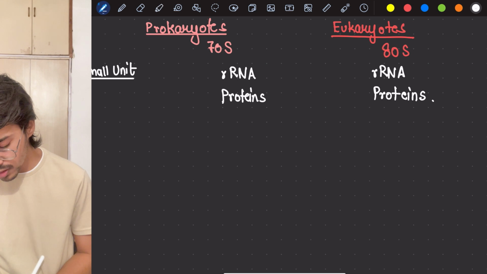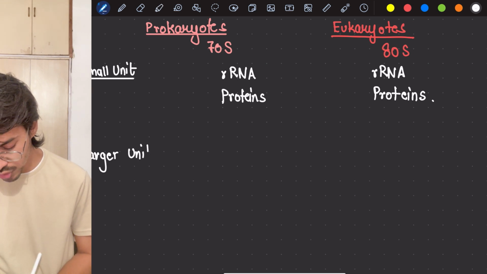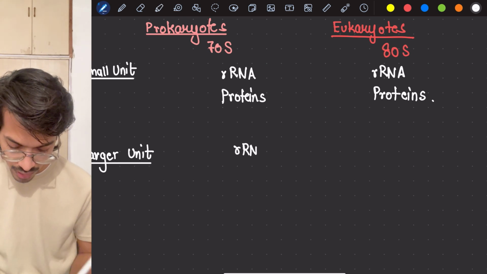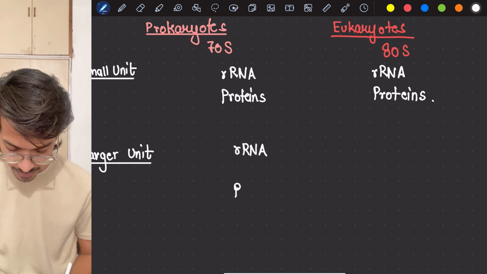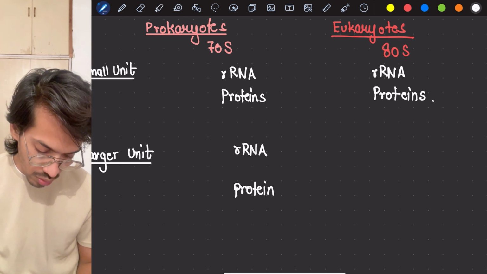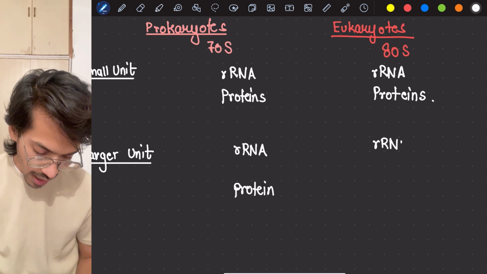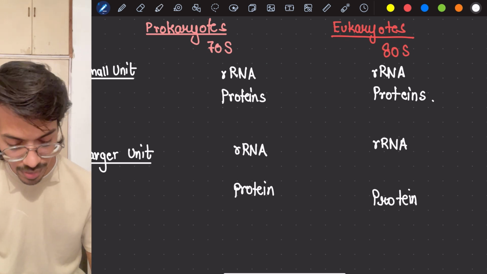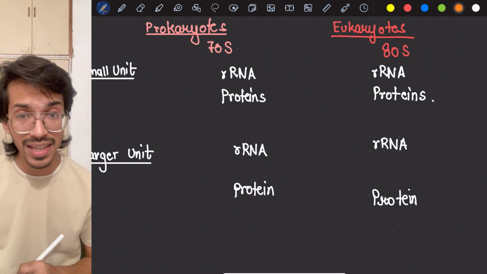Similarly for the larger unit: there also rRNA is present, and protein is present. Now just remember what will be present there.